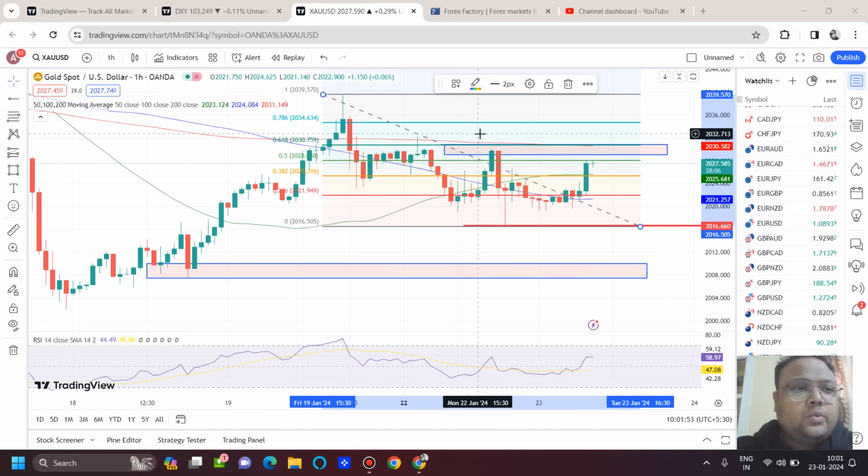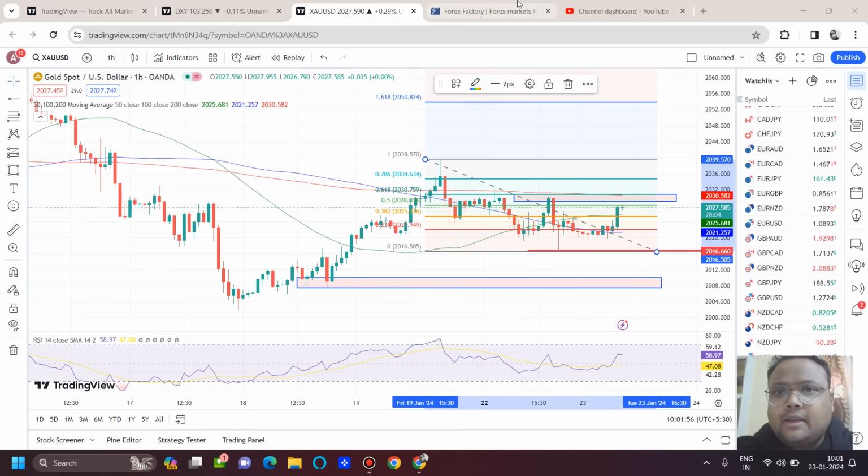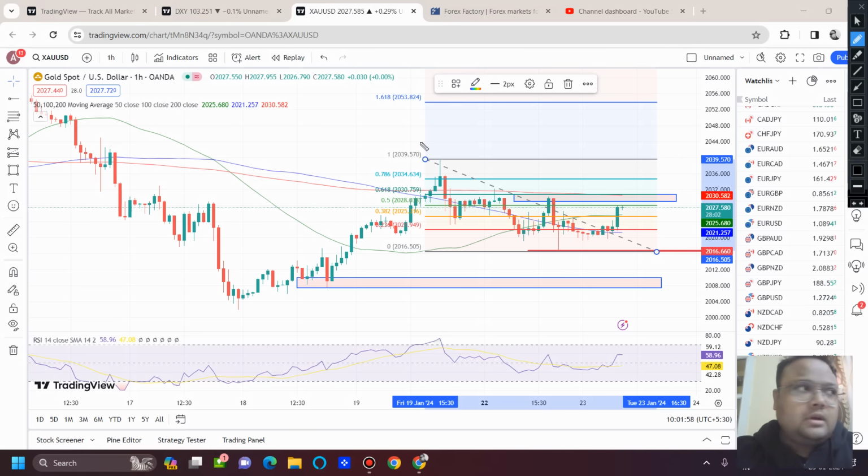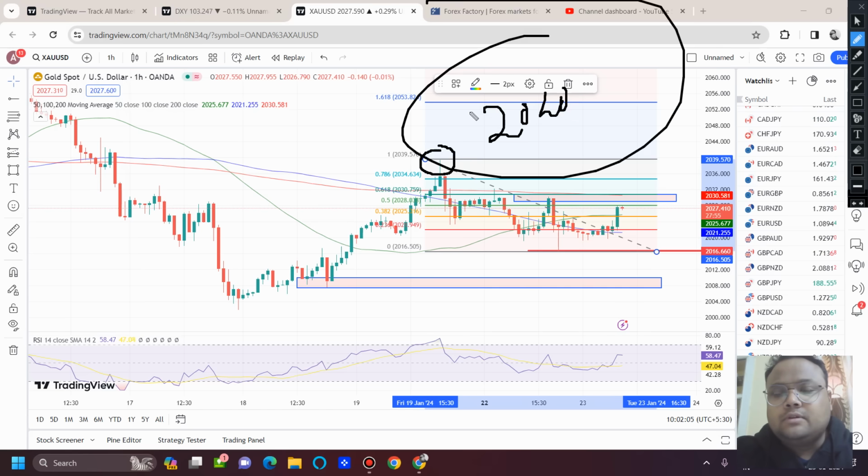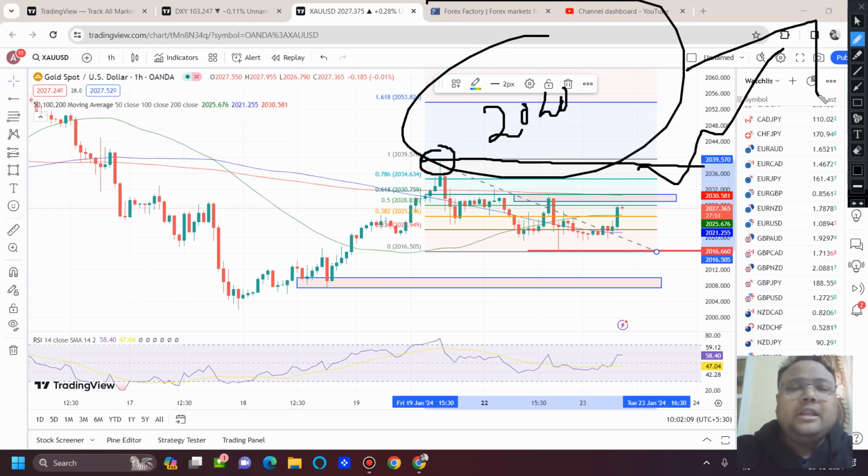So let's wait and watch. And if the market really needs to give us a clear picture, then gold will have to break this particular high, that is 2040. Then only we will be able to consider it as a continuation of the up move. So let's wait and watch.